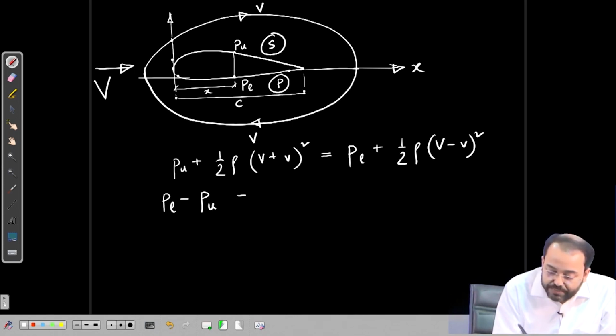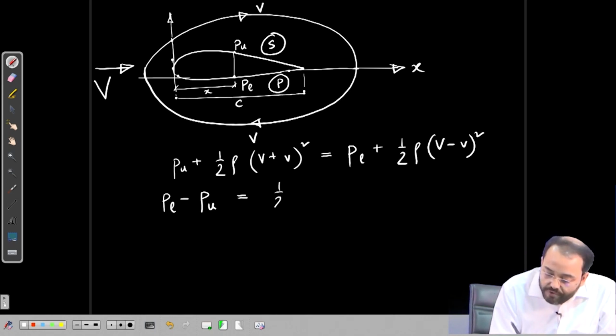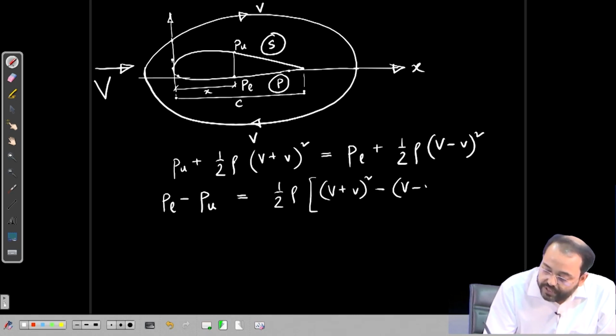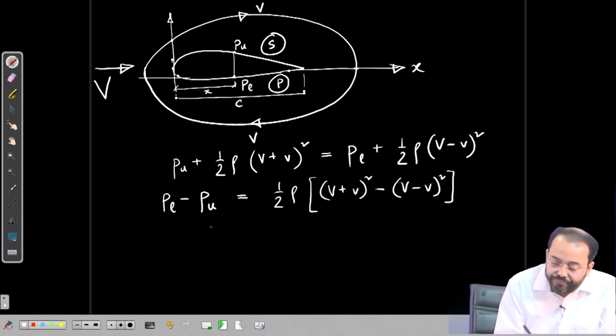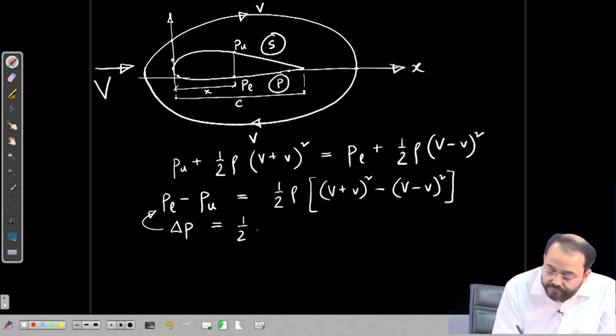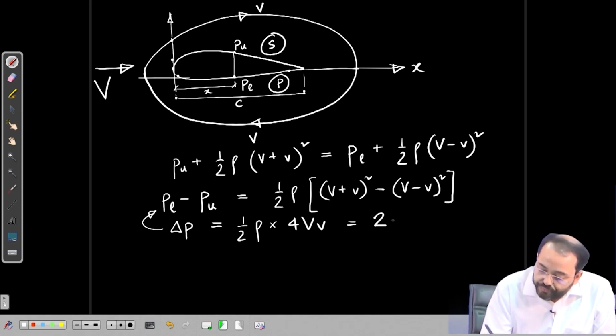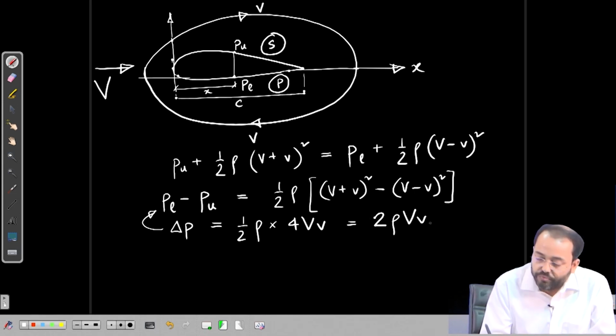So, Pl minus Pu, that we can also get from this equation, half rho (V plus v) whole square minus (V minus v) whole square. So, if the pressure jump is given by delta P, this Pl minus Pu is half rho into 4 capital V into small v, which is 2 rho V into v.